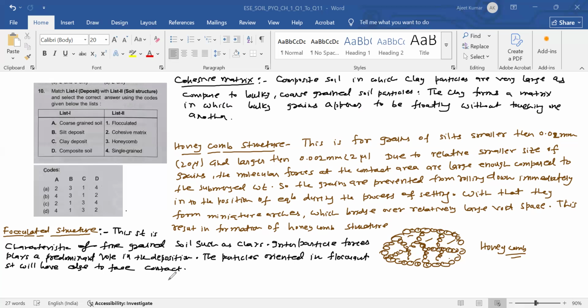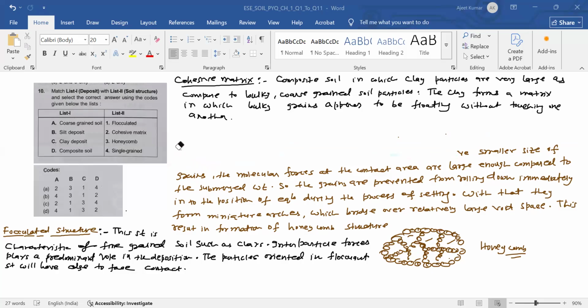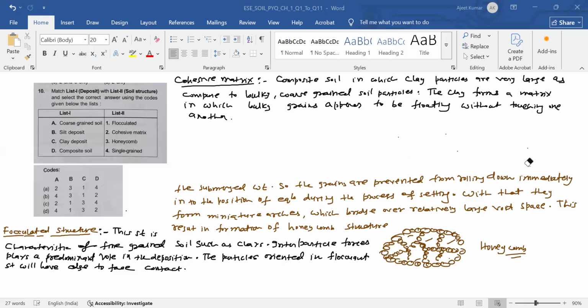I'm drawing a picture to explain this. The cohesive matrix looks like this. This is coarse grained soil or bulky, and these will not touch each other.